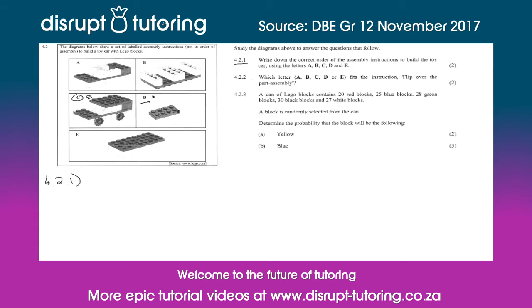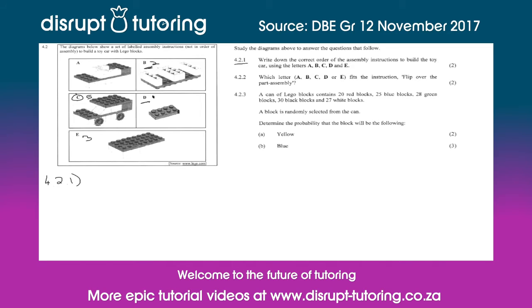Then to get from D, you'll need to add the bottom body of the car, which looks like the B. So B is probably 2. Then the next step is adding the top layer pieces to the body, which happens in E. So this is the third step.